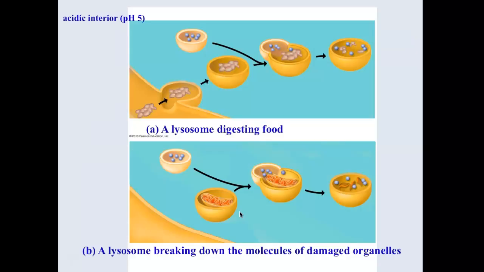All right, so this is a lysosome. A lysosome is a small sac with digestive enzymes and an acidic interior. So it's kind of like the stomach of this cell. There are 2 ways that lysosomes are used to digest molecules. So let's say this is one of those amoebas or those ciliates that we saw. It's going to eat. So it takes a little bit of substances from the outside. The membrane will form a little pocket and pinch off.